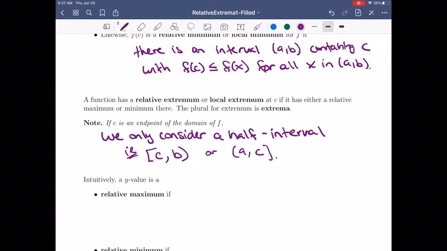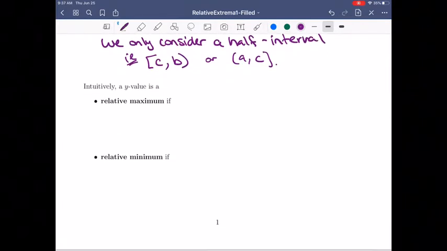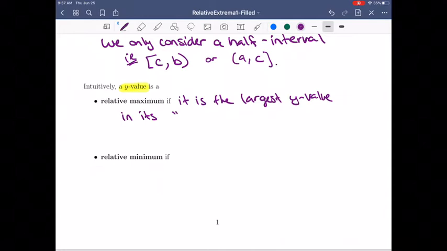Now intuitively, I want to emphasize that a y value is a relative maximum if it is the largest y value in its neighborhood, I mean, nearby to it.